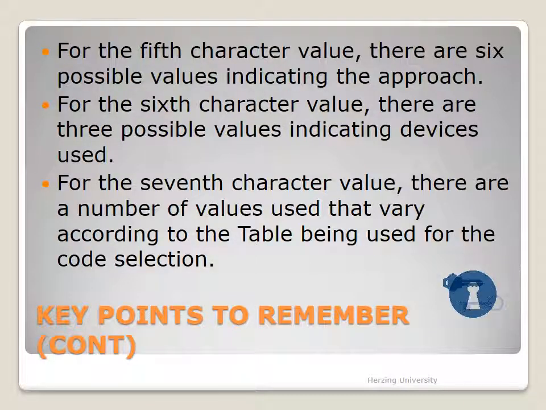So remember, the fifth character value has 6 possible values, indicating the approach. For the 6th character value, there are 3 possible values indicating devices used. And for the 7th character value, there are a number of values used that vary according to the table being used for the code selection.